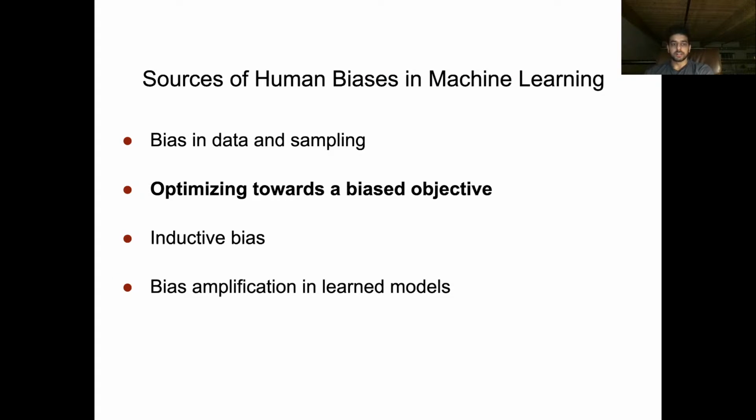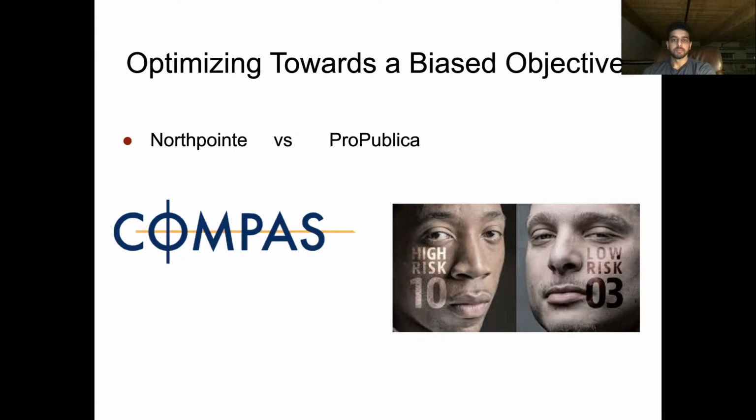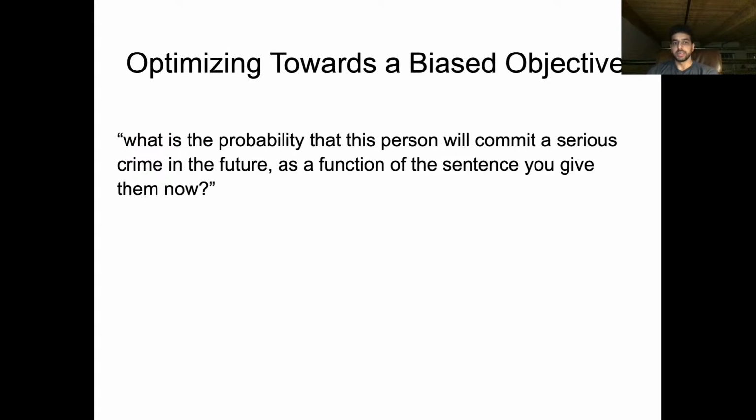Okay, so another source of issues with NLP is the objective functions that are used. Sorry, this example is not an NLP example. The next one I'll show you will be. This was a pretty famous case, this COMPAS system, which was trying to answer this question.